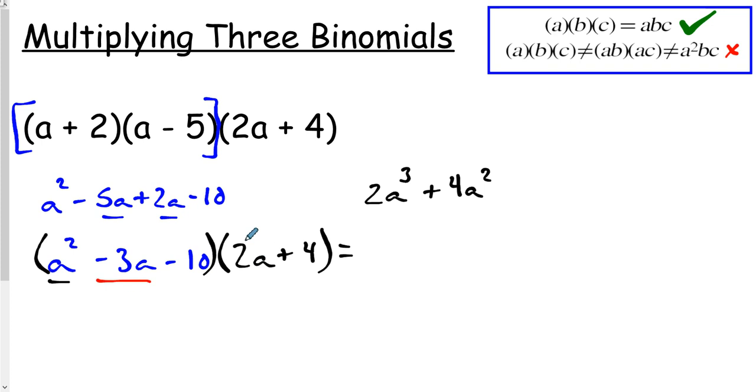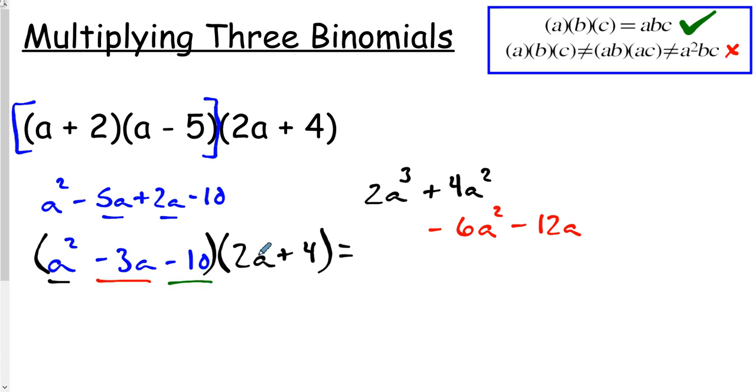Negative 3a times 2a is negative 6a squared. The reason I've referred to this as a stack earlier is I'm trying to put in a vertical column all of my like terms. It's just going to make it easier to simplify at the end. You'll see. So then we have negative 3a times positive 4. Well, that's minus 12a. My third term in the first trinomial is negative 10.